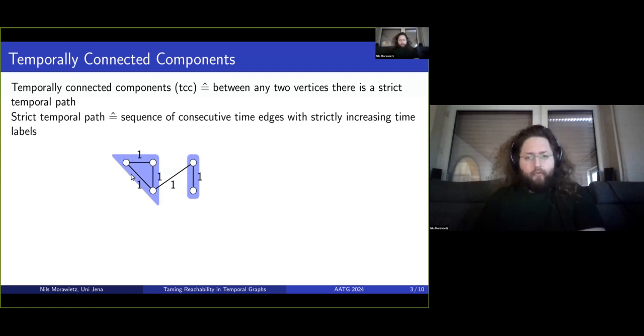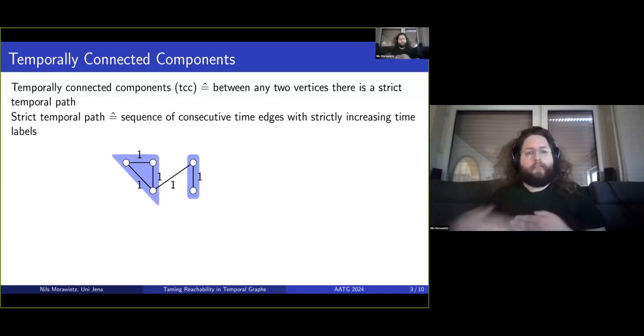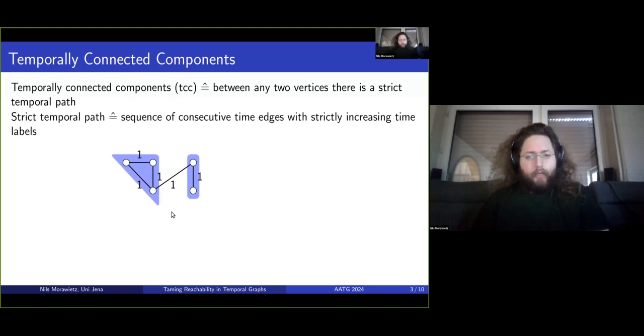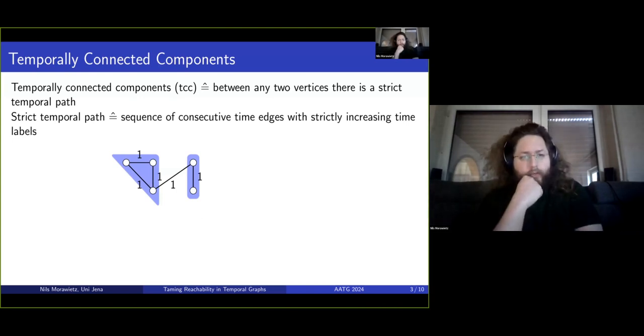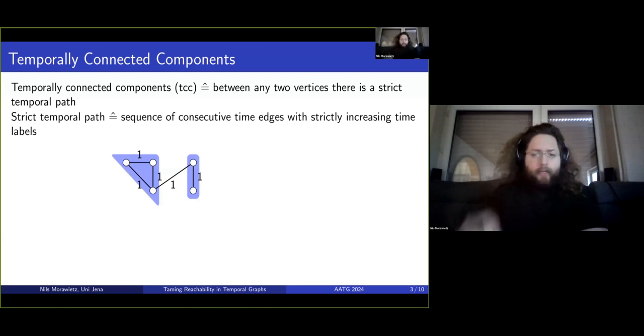We have this triangle over here, or this clique, and we have a clique over here, or a temporally connected component, because in both cases all vertices can pairwise reach each other by the direct edges. The problem now is that the unique partition does not hold anymore on temporal graphs.